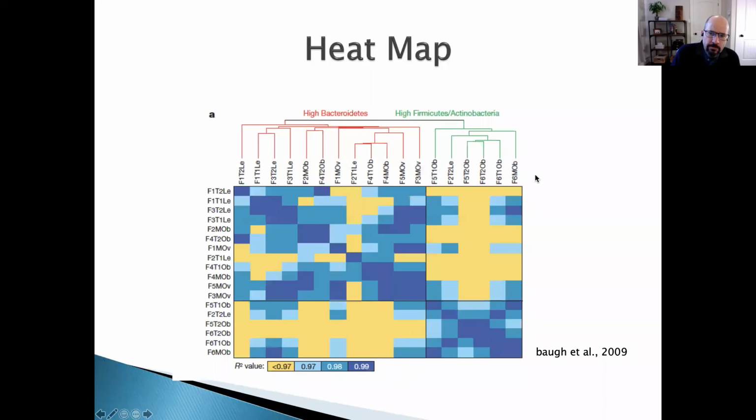Another example compares the microbiota of obese versus lean humans. I can't remember, but I think obese people were the ones with high Firmicutes. So those here were obese, and if you look at the legend, you're going to see these are our values.